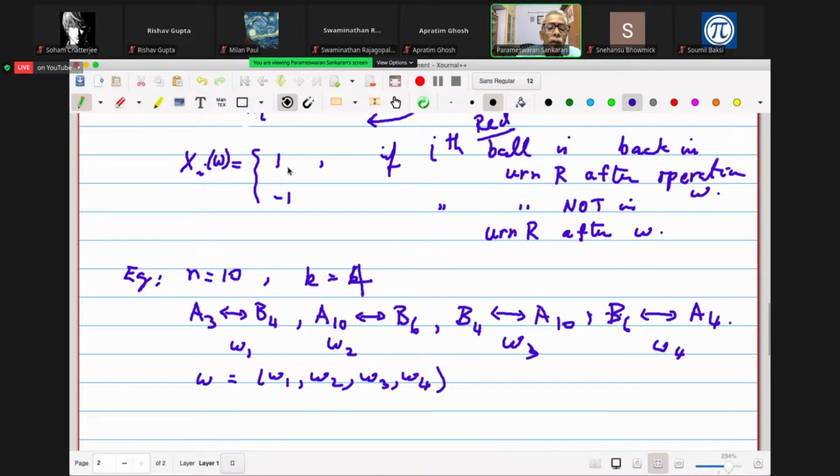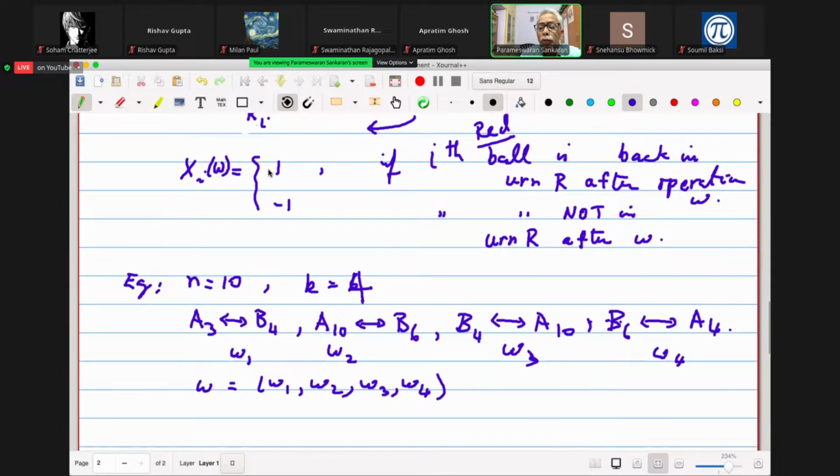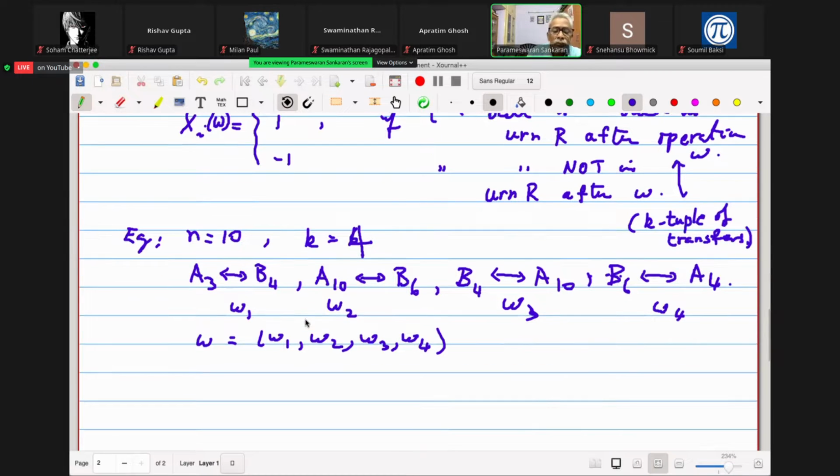So this is the way I think of the result after you perform an operation. This operation means a k tuple of transfers, the result of a k tuple of transfers. This is what I mean, so I have indicated it by means of an example.